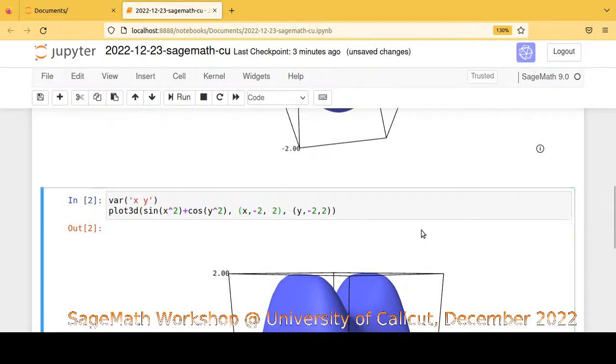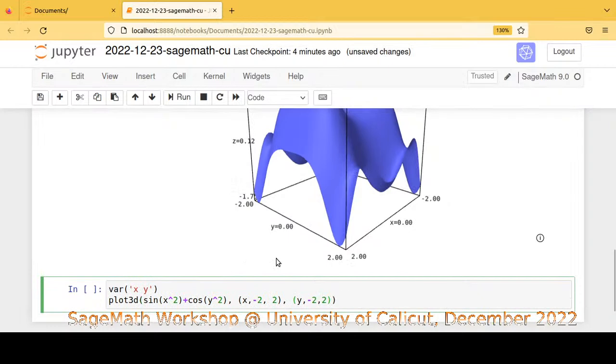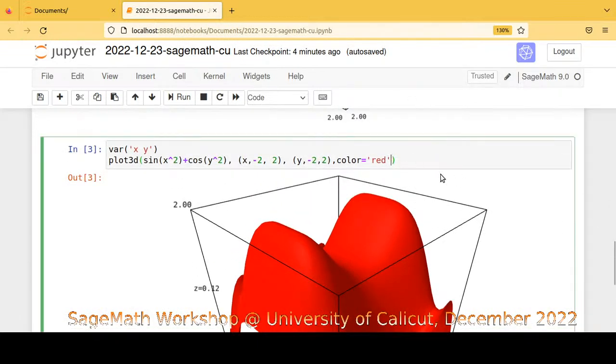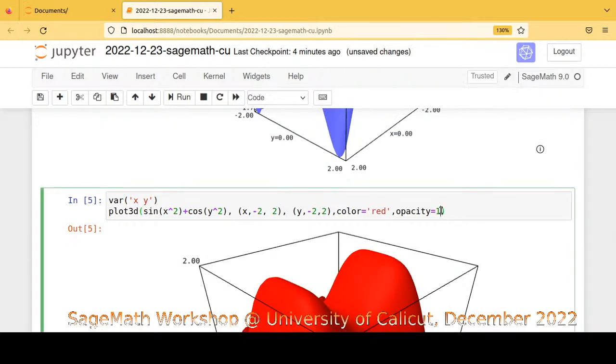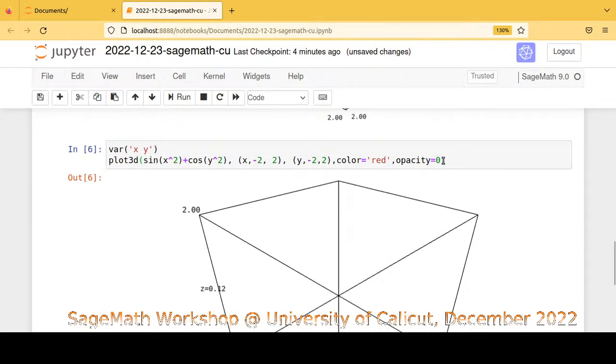So plot3d. Now we can add extra parameters as well, as in the case of the usual plot, like color equal to red. Opacity equal to 0.5, where opacity equal to 1 means it's not at all transparent, and 0 means not at all visible, only the frame will be there.